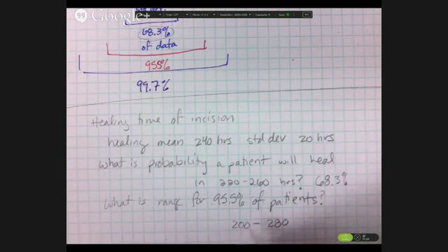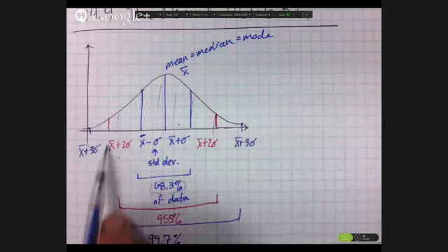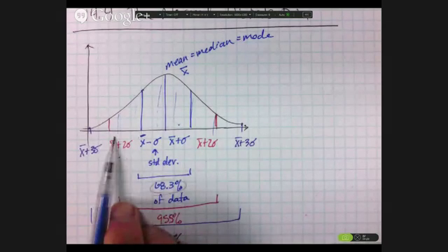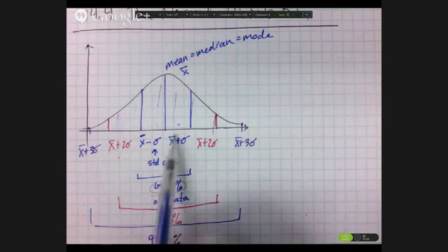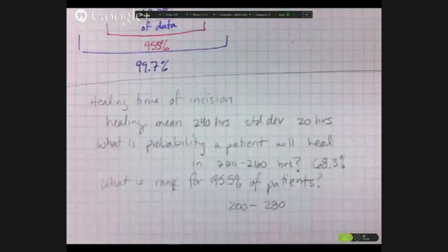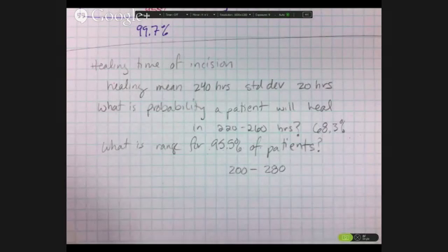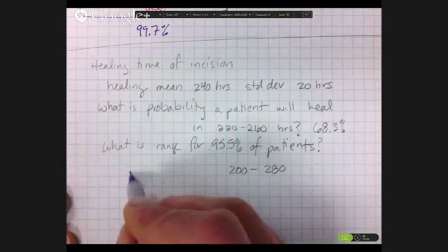Yeah, because we go 95.5, we go 2 down, so 20 and 40 down is 200, 40 up is 280. You think you can handle those? Okay. Could you draw a normal curve for that, or do I need to draw it? I think we'll draw it then.